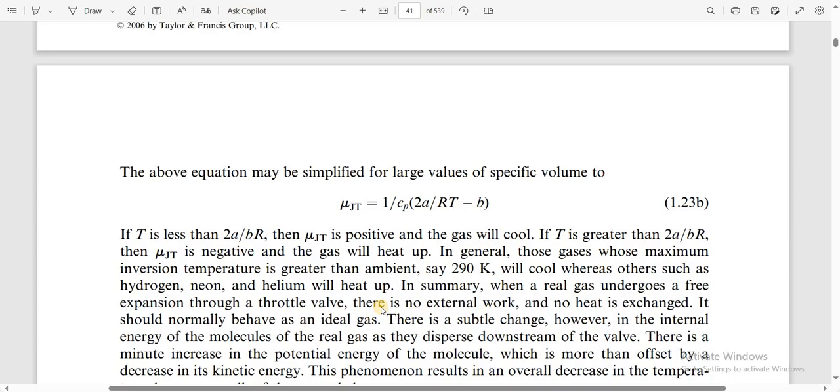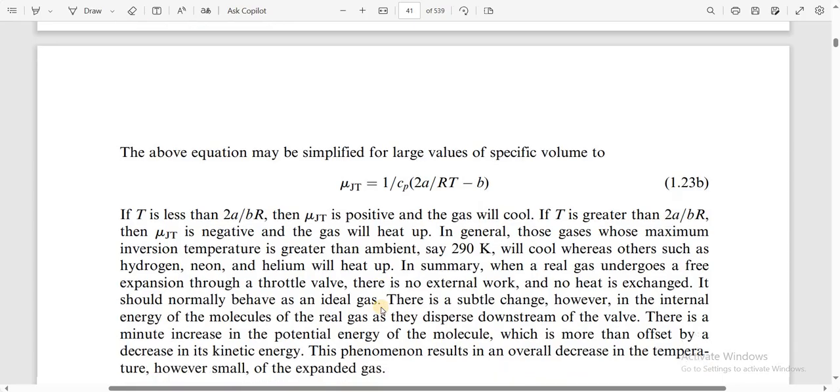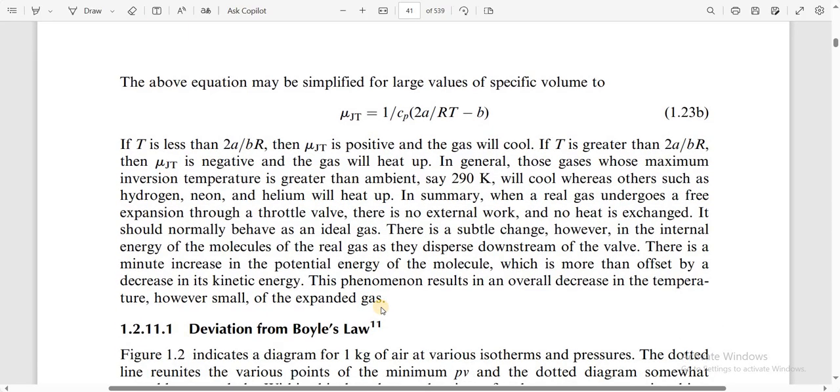In summary, when a real gas undergoes a free expansion through a throttle valve, there is no external work and no heat exchange. It should normally behave as an ideal gas. There is a subtle change, however, in the internal energy of the molecules of a real gas as they disperse downstream of the valve.